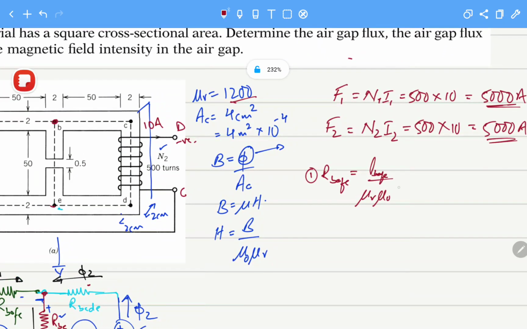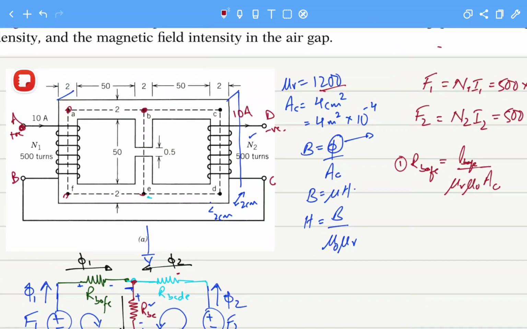Yes. So let's look at the length, the mean path length. What will be the mean path length? If you calculate the mean path length, you have to look into these dimensions, and I hope you can easily calculate it.